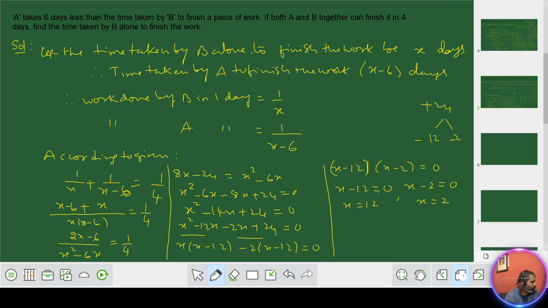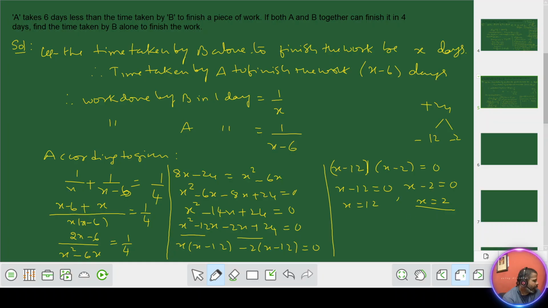So what is the answer given the question? If both A and B together can finish the work in 4 days, and A takes 6 days less than B, if x is 2, we have to avoid this value.